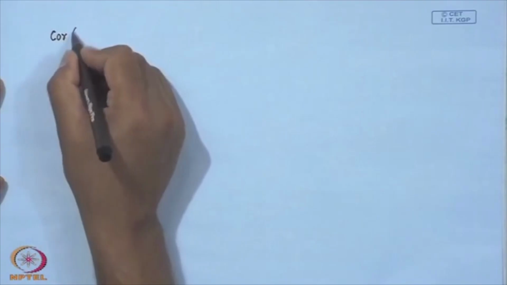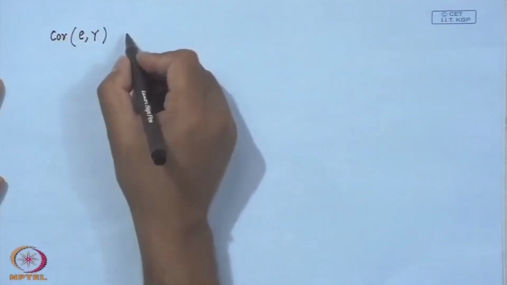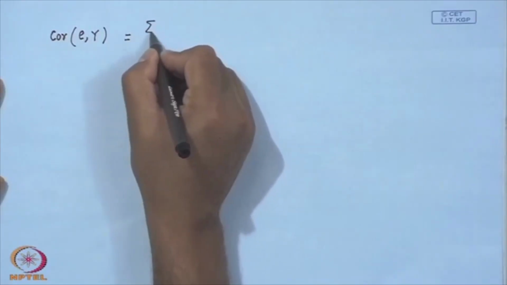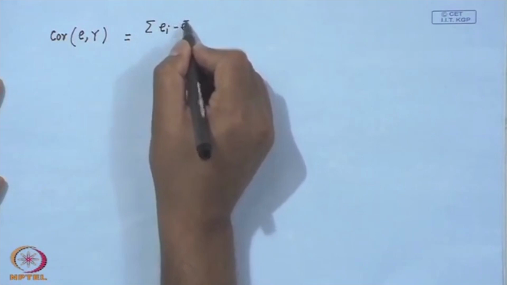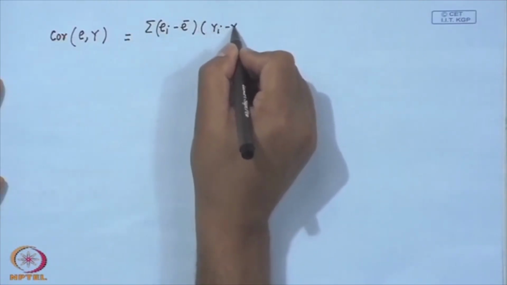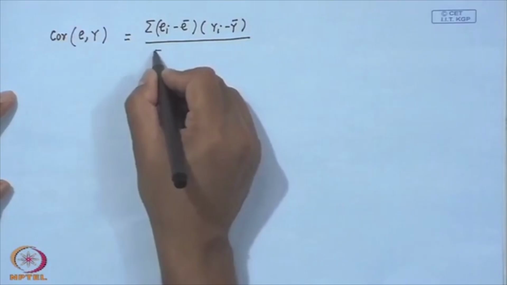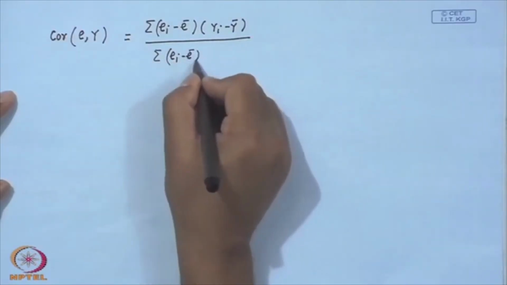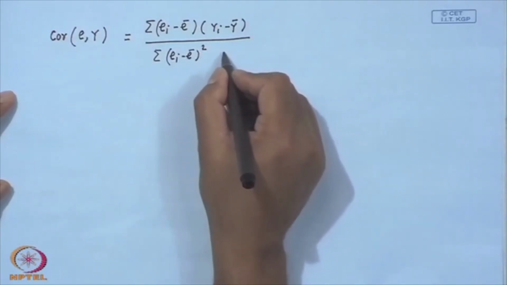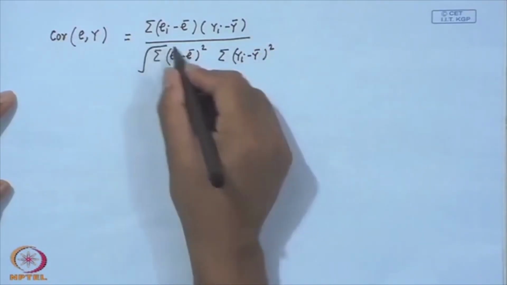Okay. So, the correlation between E and y, that is nothing but summation (E i minus E bar) into (y i minus y bar) by the square root of summation (E i minus E bar) square into summation (y i minus y bar) square.